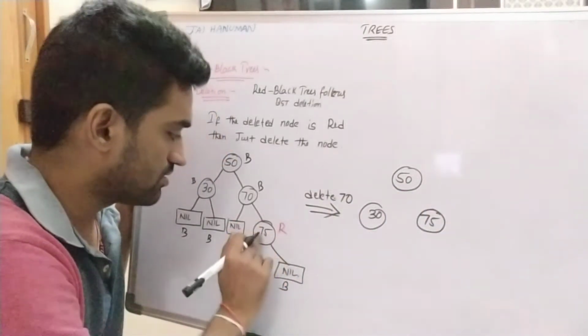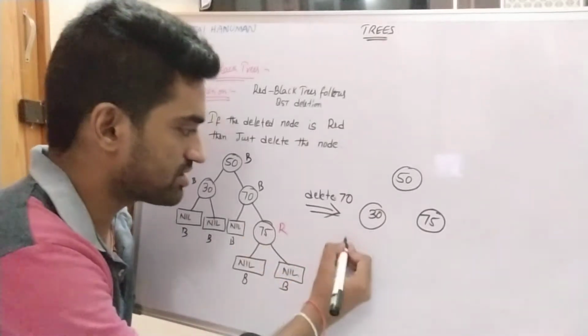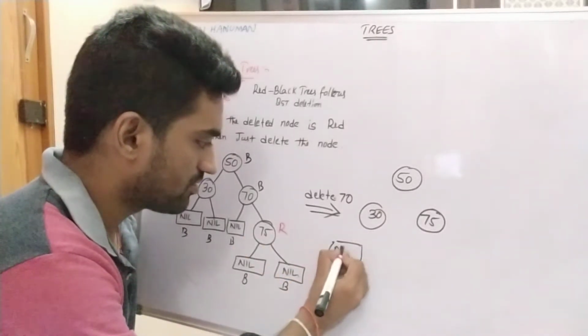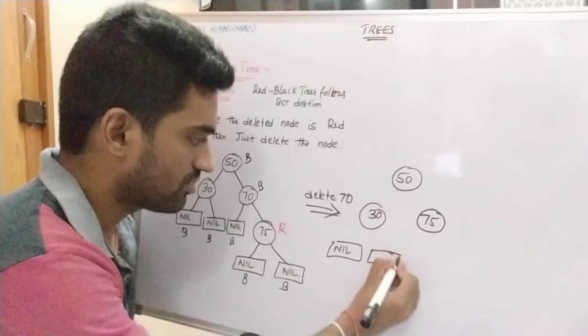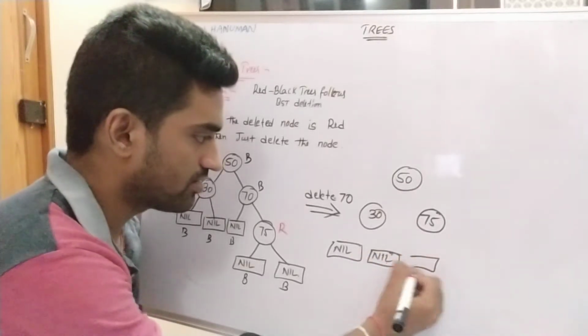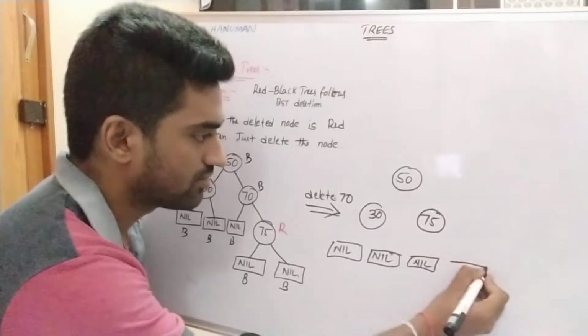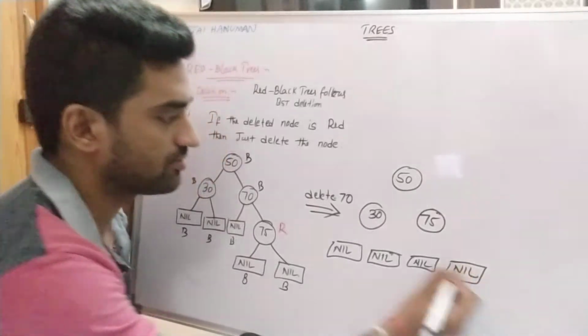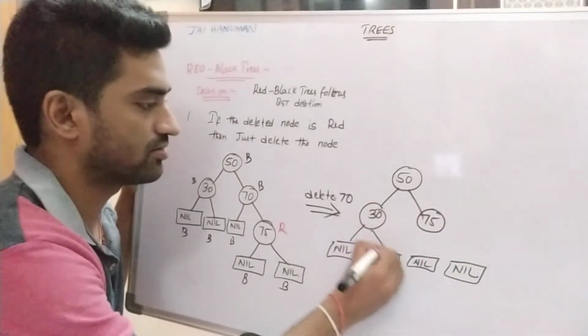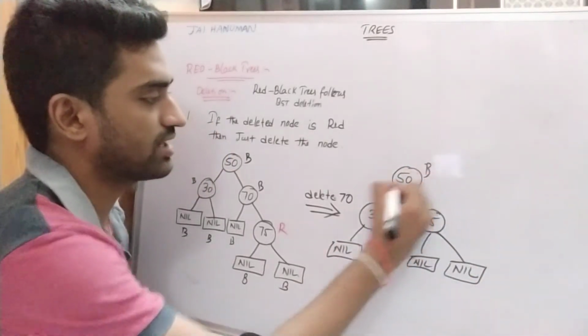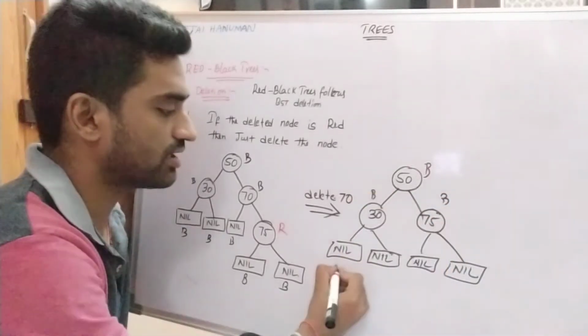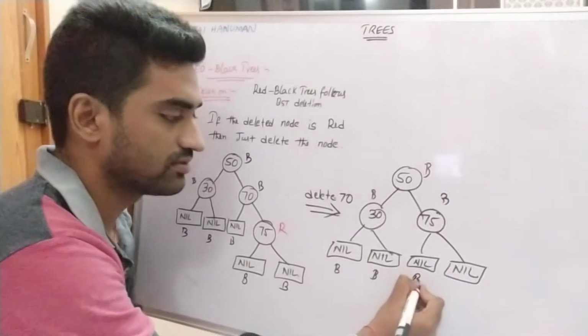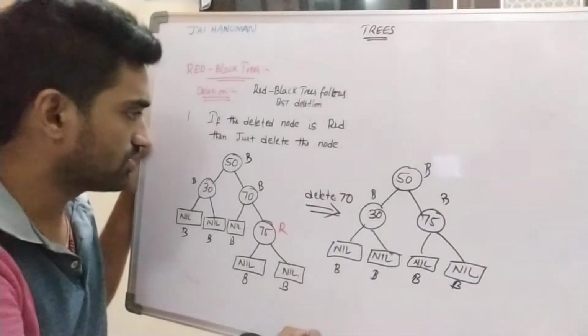Here this node is replaced by nil, nil, nil, nil. So this is black, this is black, and all the others are black, right?